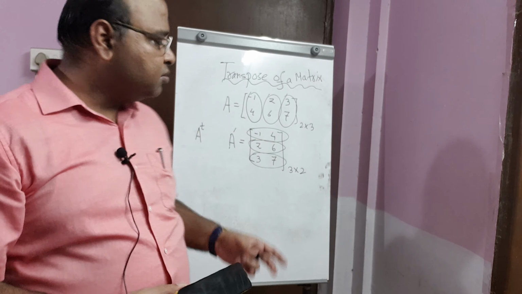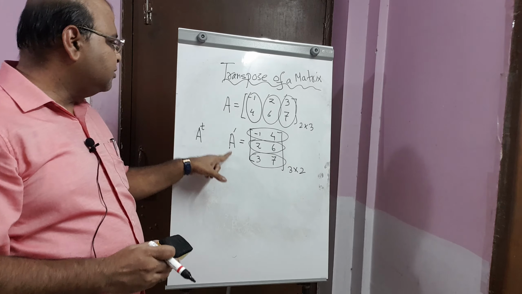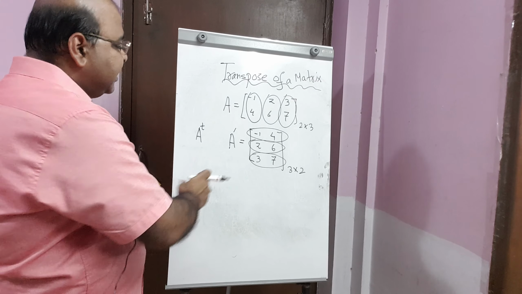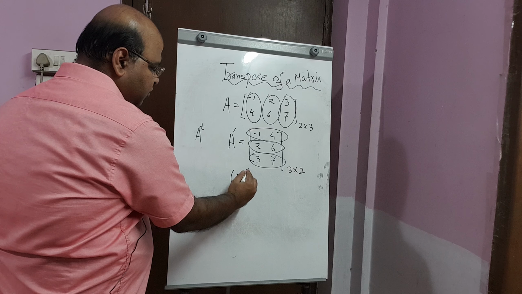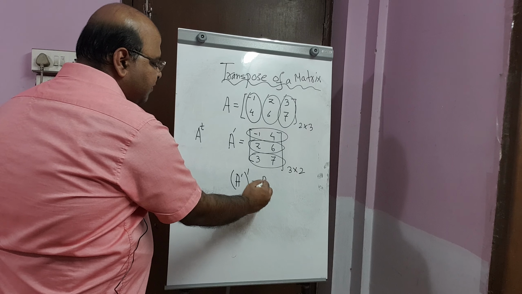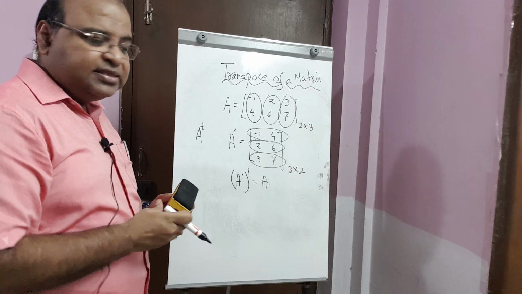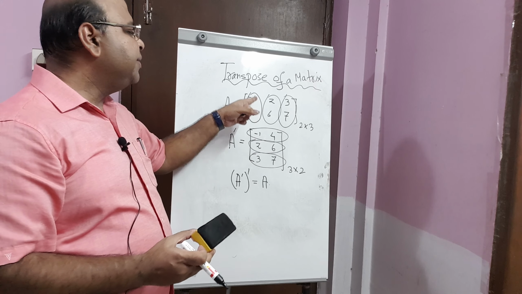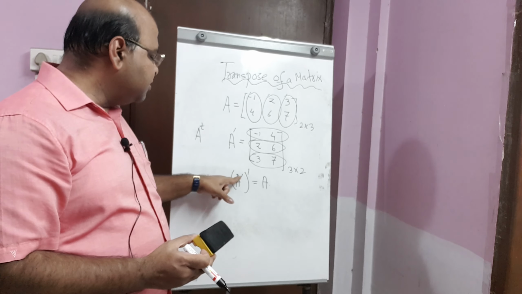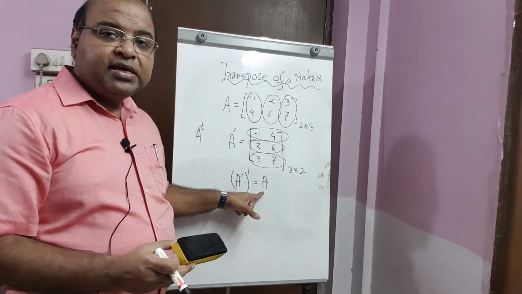And as you can all guess very easily, if I again apply the transpose operation on A dashed, that is A transpose transpose, automatically we shall get back the matrix A itself. That means if we again interchange the rows into columns, we get back the matrix A itself. So double transpose gives back the matrix itself.